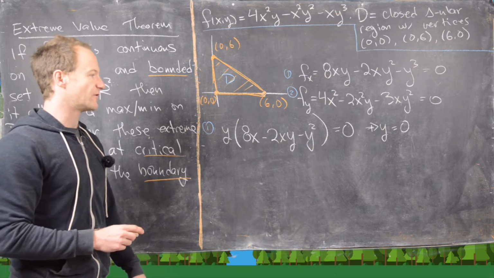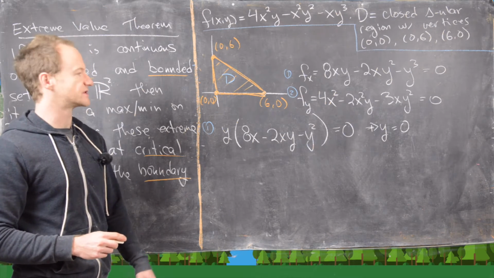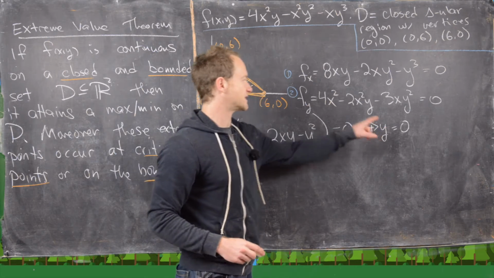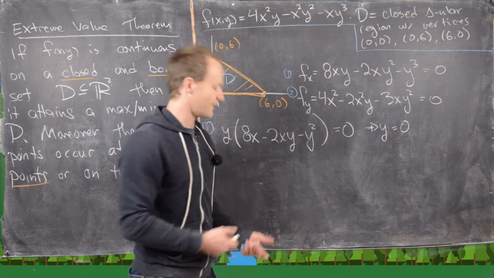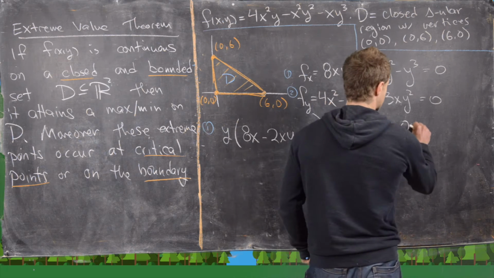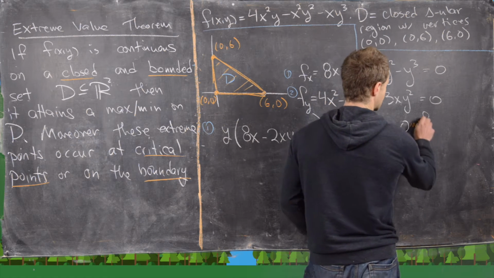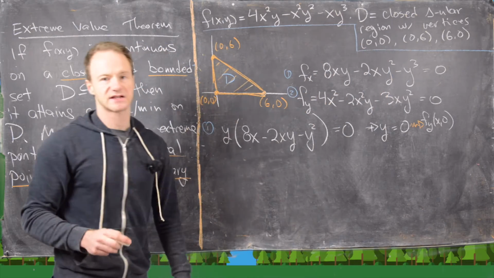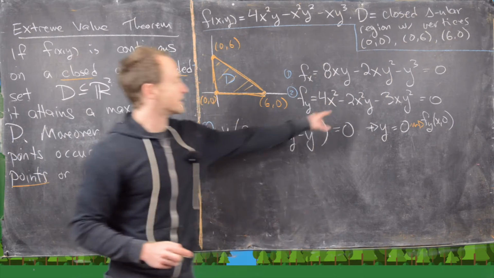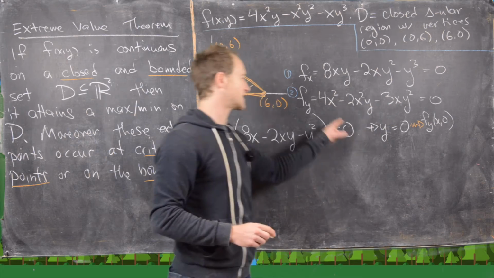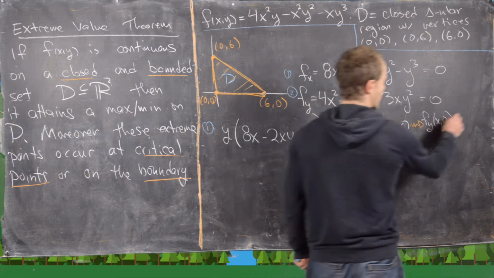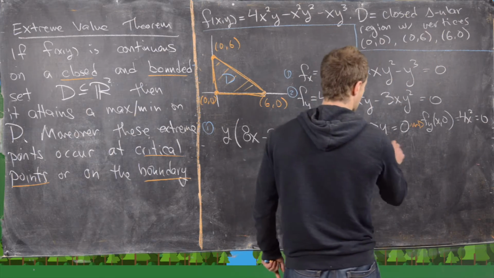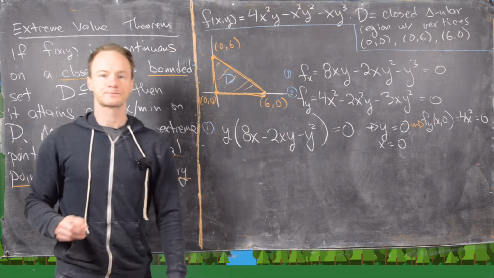If y = 0 gives us a solution, what point do we get? If we plug y = 0 into f_y, this part goes to 0 and this part goes to 0, and we're just left with 4x² = 0, which tells us that x also equals 0.